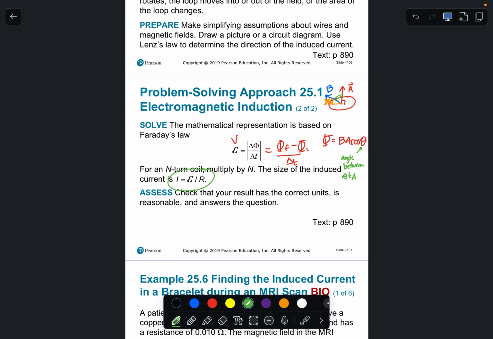Is it a copper loop? It's going to be a copper loop. I guess it could be some other metal, where the resistance would be given to you. Okay? So that's how we find the magnitude of the induced current. We find the magnitude of the voltage and divide it by the resistance of the object that's hosting the current.